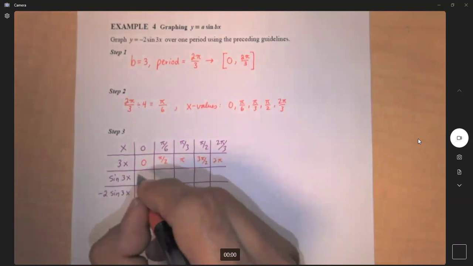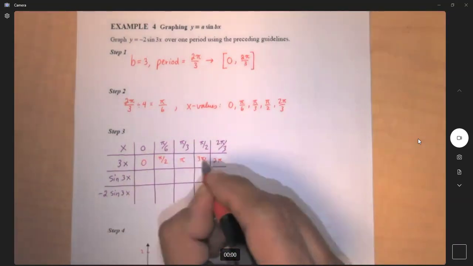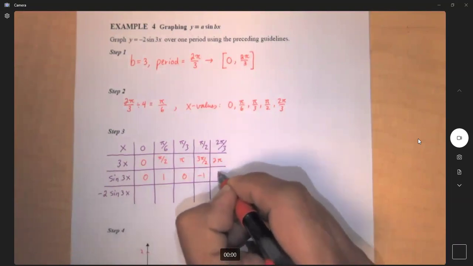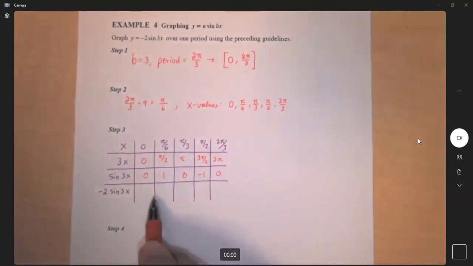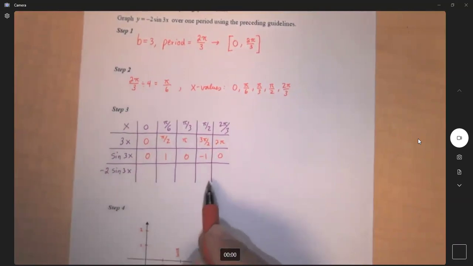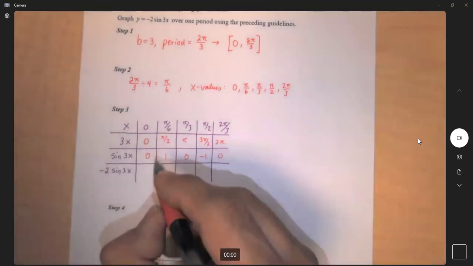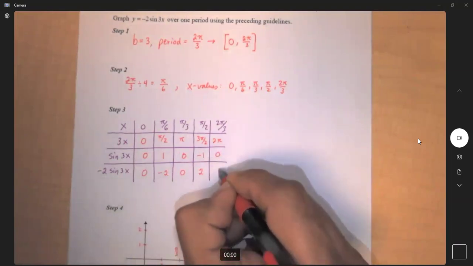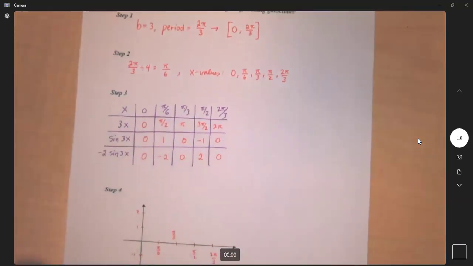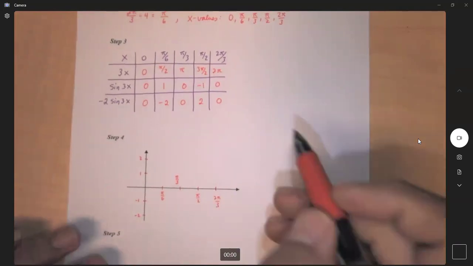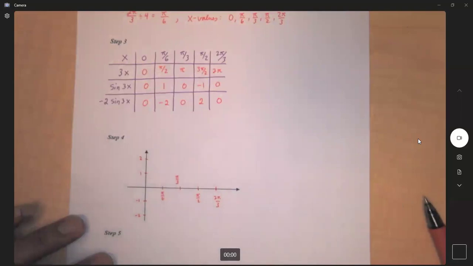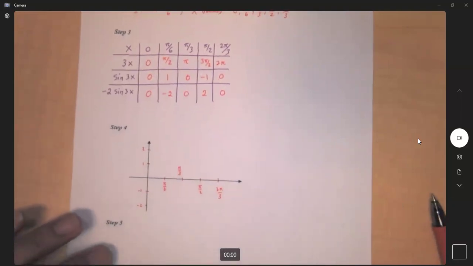And then you take the sine of those values here. That will be 0, 1, 0, -1, and 0. And then finally, this one's the one we're going to use for our graph: -2 times that. So 0, -2, 0, 2, and 0. Okay. So these are my x values up here, and these will be my y values.